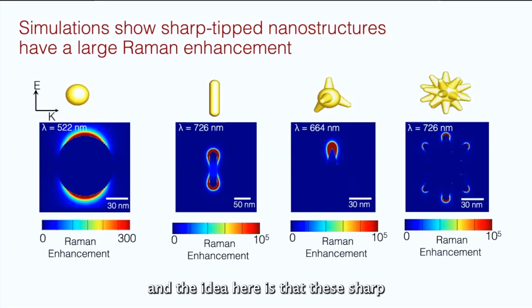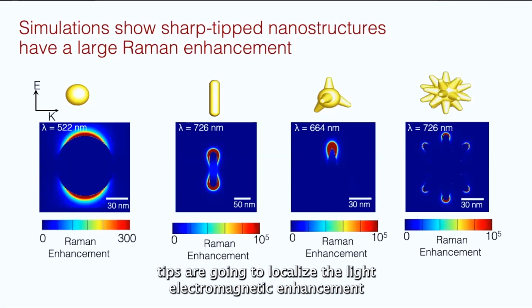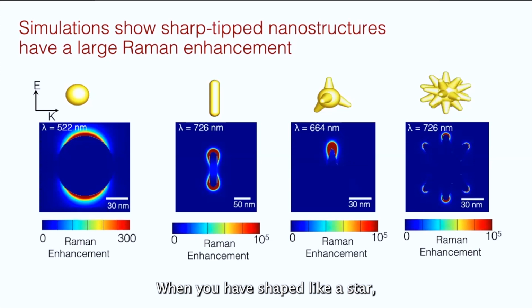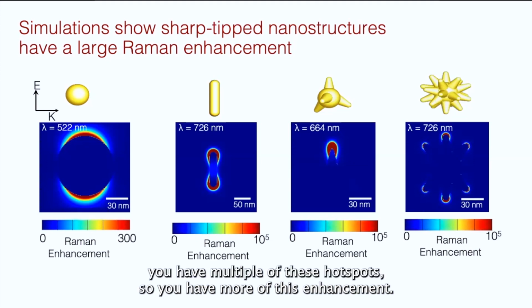The idea here is that these sharp tips localize the electromagnetic enhancement into a very small surface area, and we in turn call them hotspots. When you have shapes like a star, you have multiple of these hotspots, so ideally you have more of this enhancement.